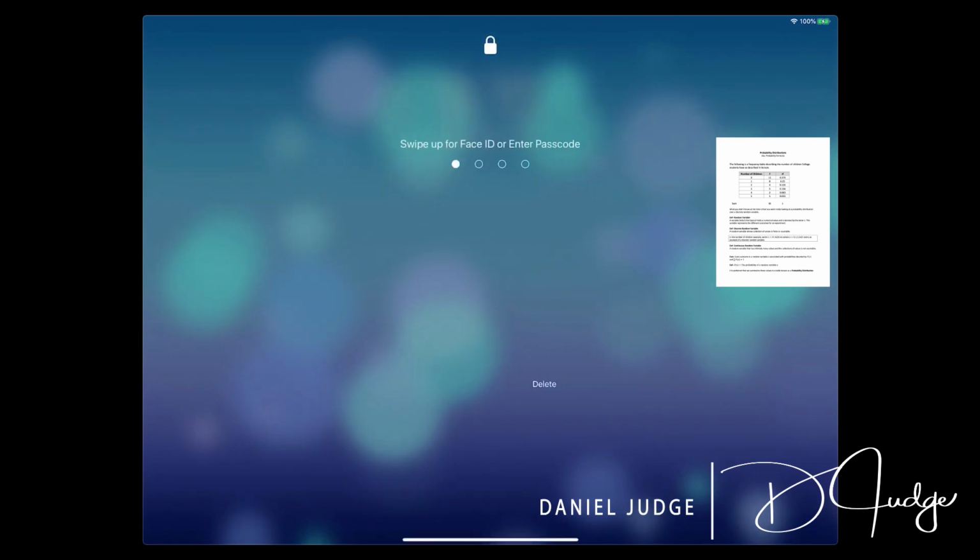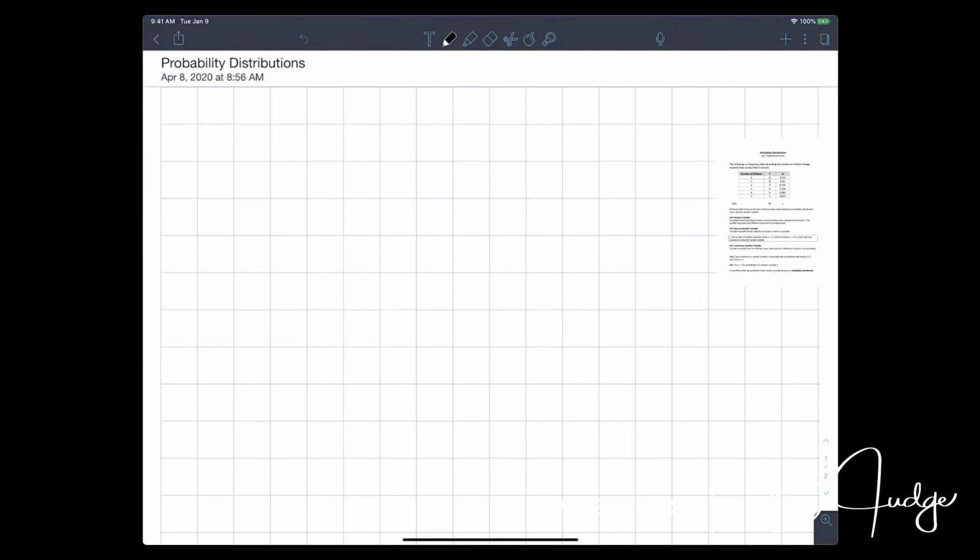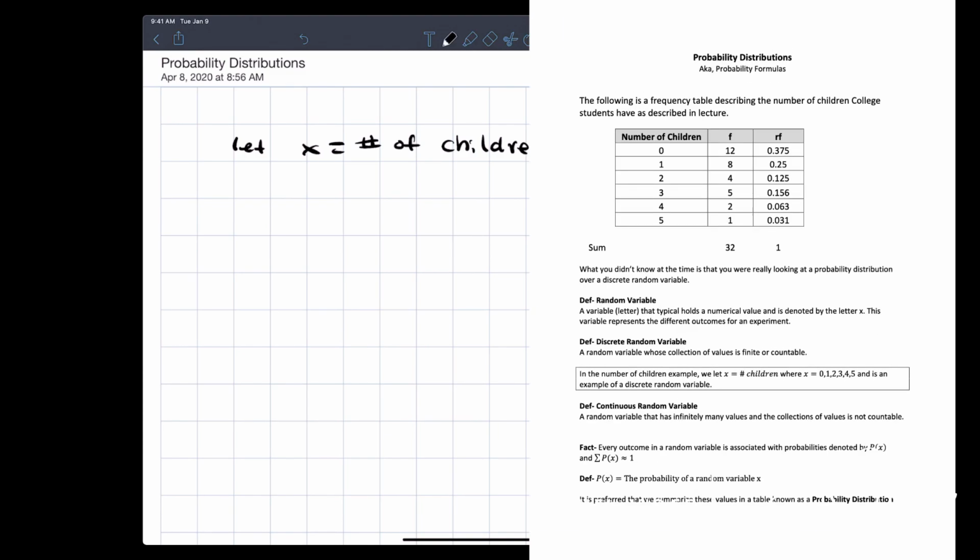And in this question here, we're going to let X, that random variable, equal the number of children.